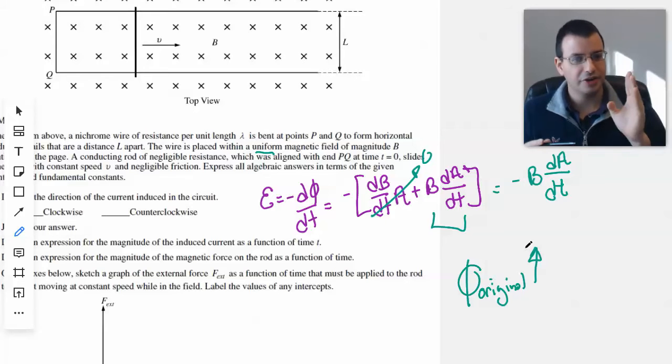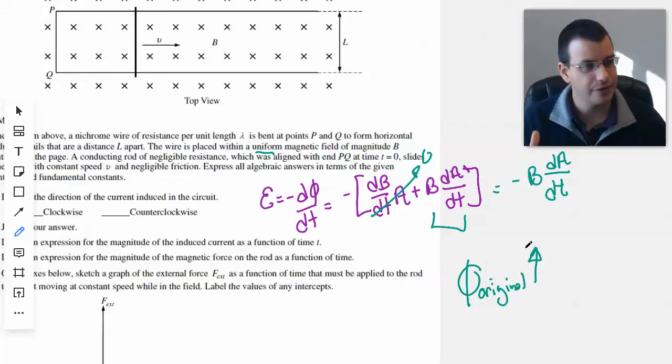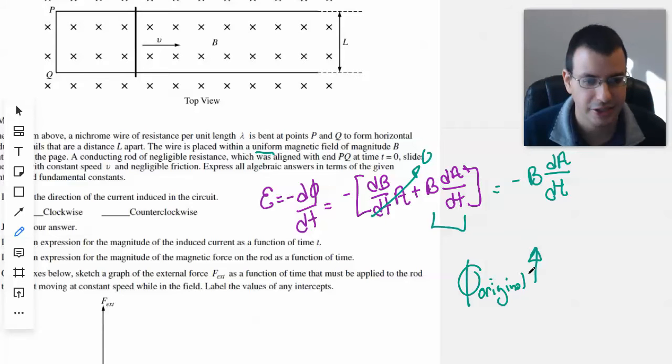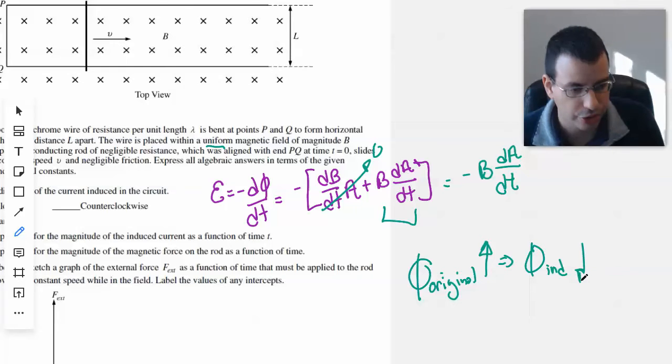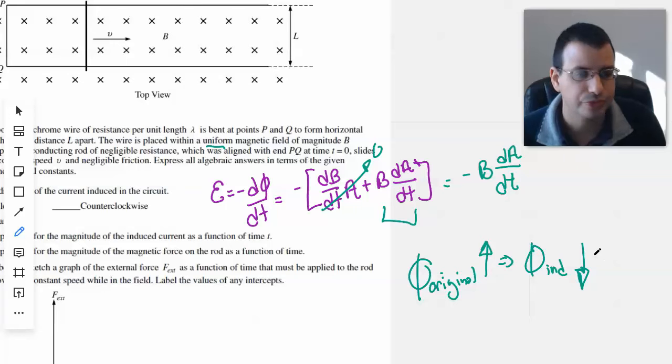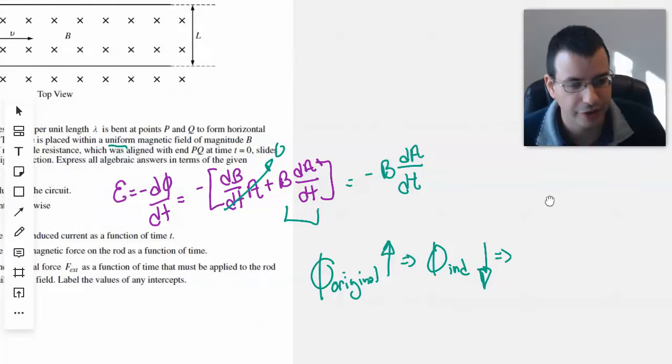But now our magnetic flux is actually going up. Not because the magnetic field is getting bigger, but because the area that is covered is getting bigger. And so to compensate for this, the flux induced will oppose the field, and therefore the magnetic field will go down because it has no choice in the area.